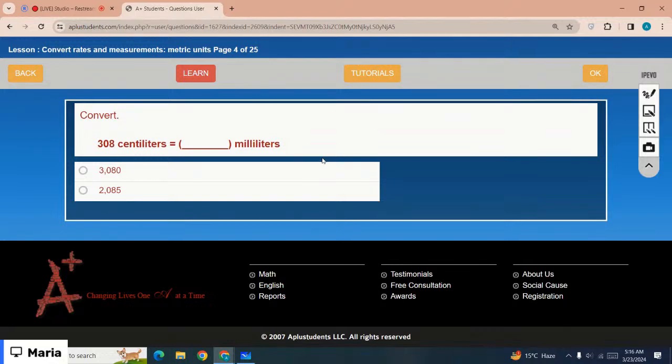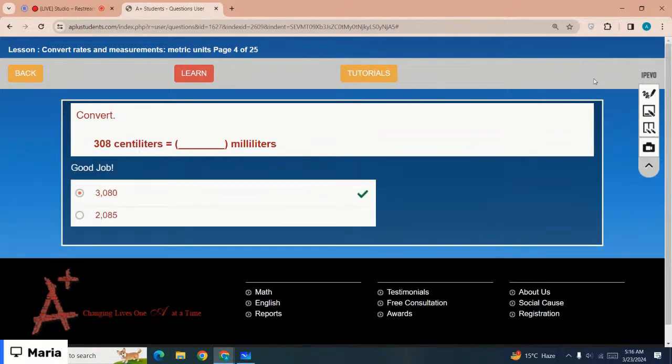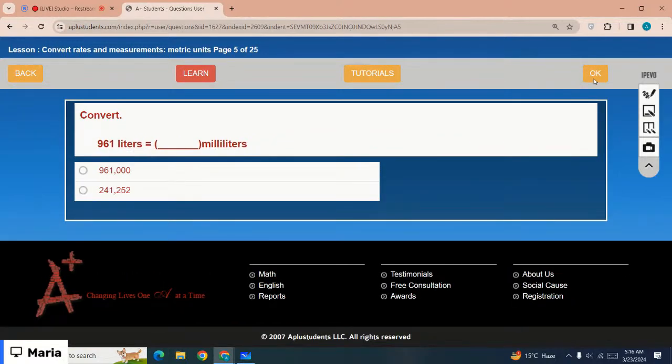The correct option is 3080 milliliters, right? Okay, the next one is 961 liters equal how many milliliters? 961 liters equal 961 thousands milliliters. The correct option is 961,000.